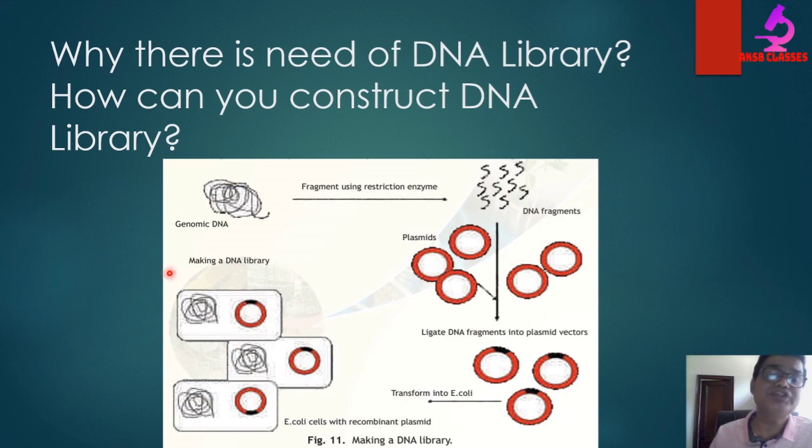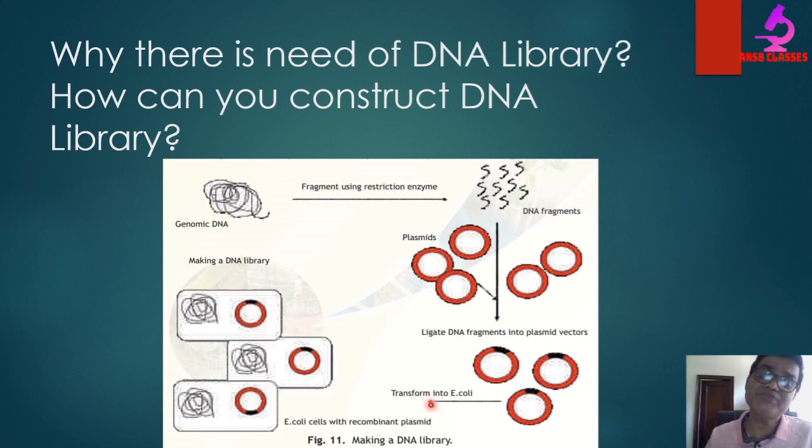So we start the genomic library with isolation of genomic DNA. The main point you have to remember is the use of a restriction enzyme after genomic DNA isolation, and then we ligate each fragment with a plasmid of the E. coli bacterial cell, and then we get a recombinant plasmid.